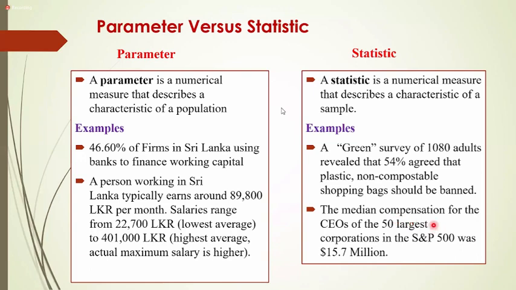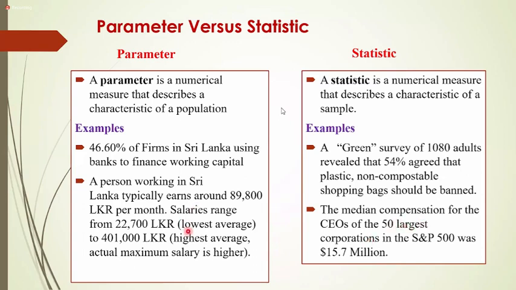So the 50 largest corporations are a sample. This median is calculated from this sample, so the median is a statistic. And this statistic is equal to 15.7 million, because it is calculated only for the 50 largest corporations.